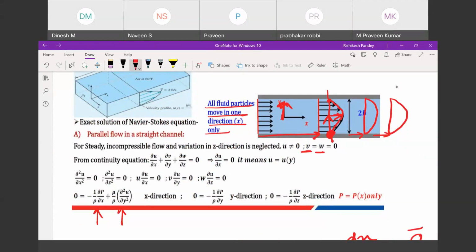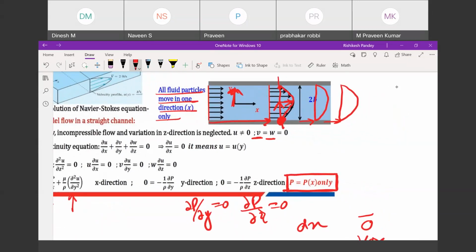Second point, pressure varies in x direction only. We have derived this already. Pressure in y direction is constant, means the variation is zero. Dou p by dou y is zero, and dou p by dou z is zero.